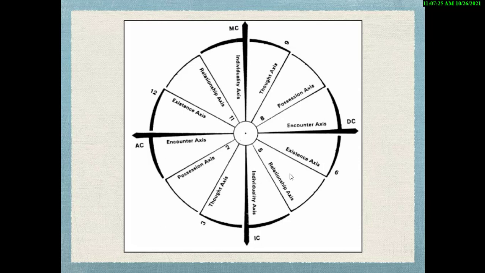The fifth house is the relationship axis. Down here, it's the collective fun and games, relatability, versus our exclusive chosen groups of friends in the 11th house.